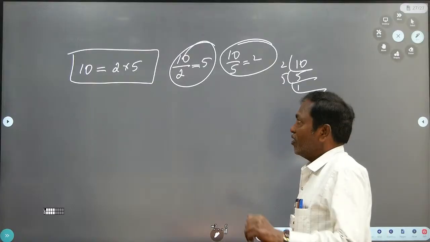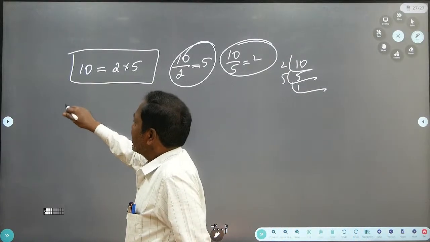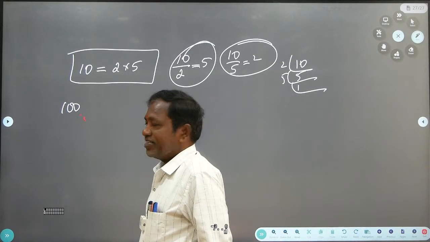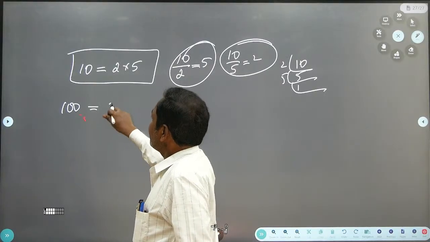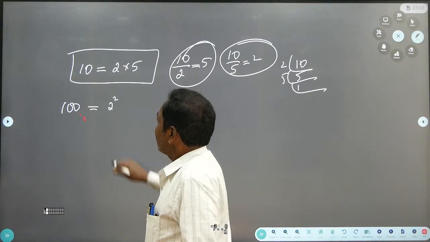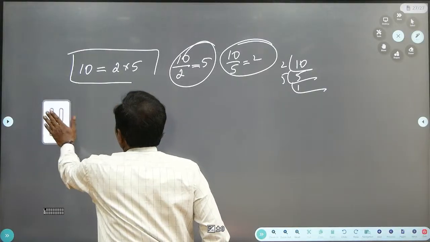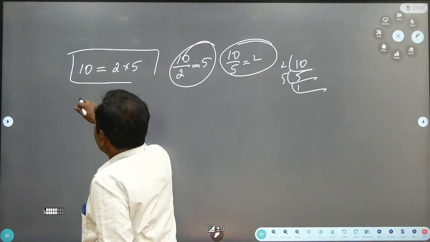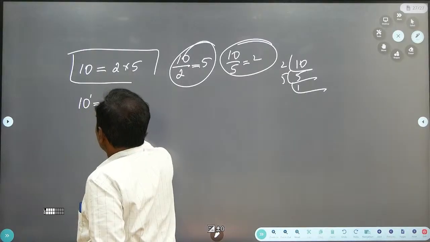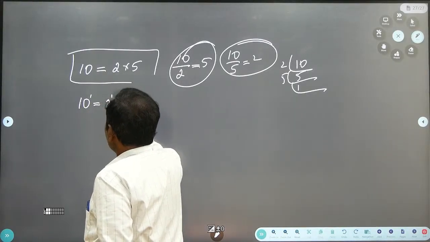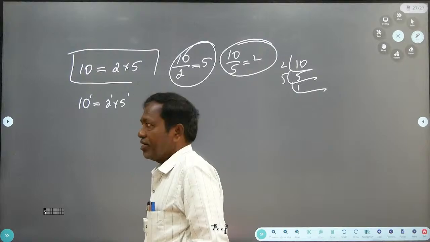It's like that. Now, see, let us take 100 like this. It means 2 square. Now you can write 10 to the power of 1 is equal to 2 to the power of 1 into 5 to the power of 1.